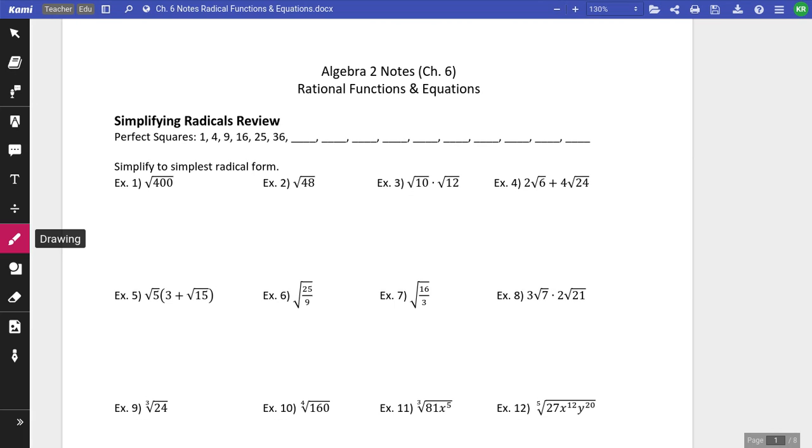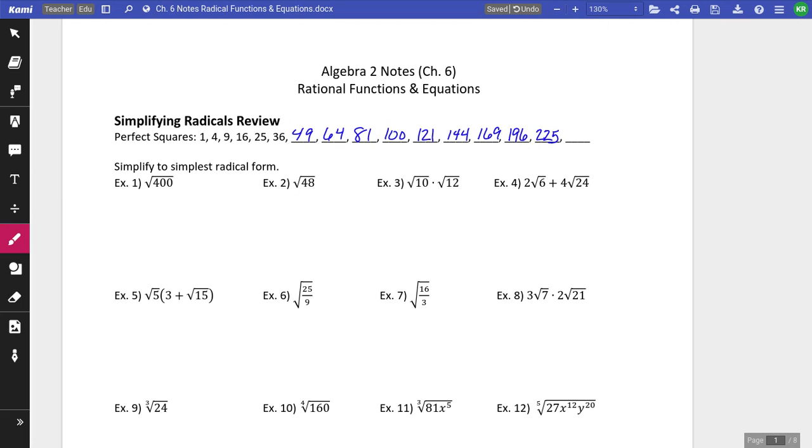So if you can list out some more of the perfect squares, this next one will be 7 squared, which is 49, 8 squared, 64, 9 squared, 81, 10 squared is 100, 11 squared is 121, 12 squared is 144, 13 squared is 169, 14 squared is 196, 15 squared I think is 225, and that's about all that I know.